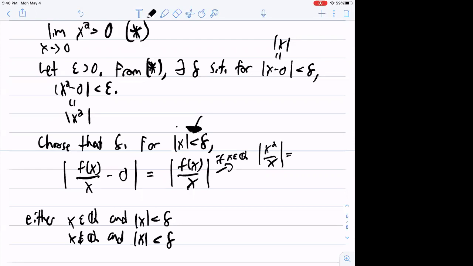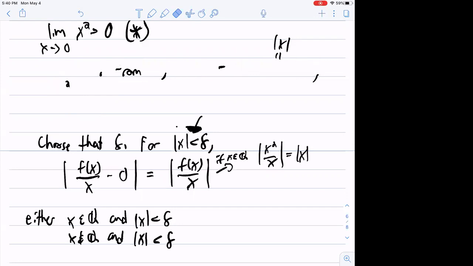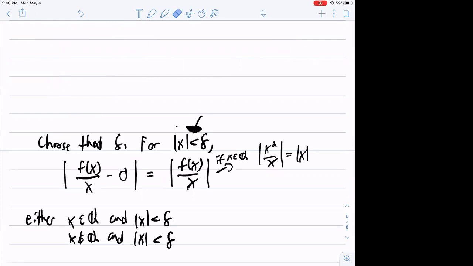Oh, this is actually easier than I thought it would be. Okay, we don't even need this. Sorry about that, I wrote a mistake. So it's actually easier. Let epsilon be bigger than 0.